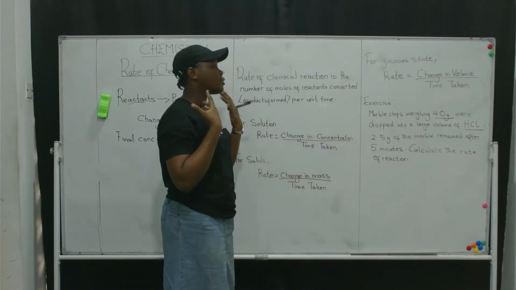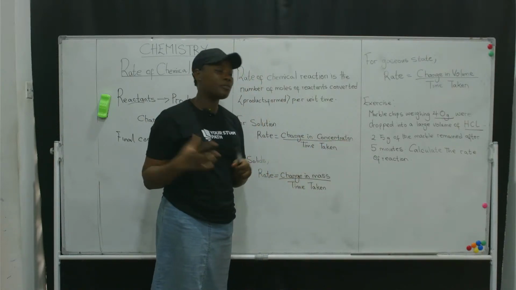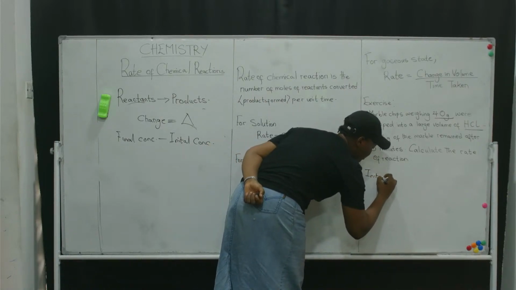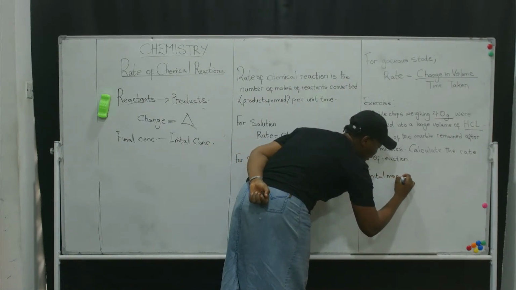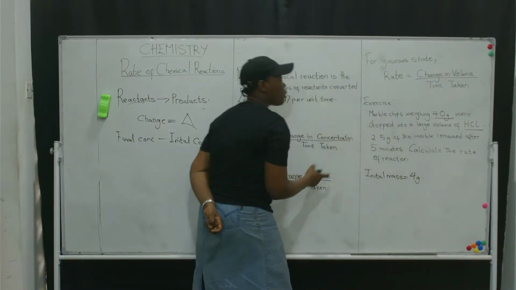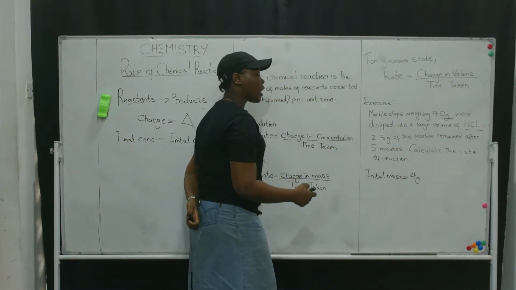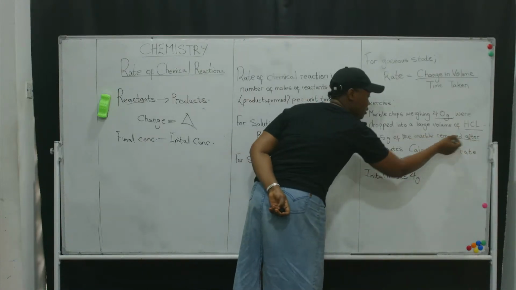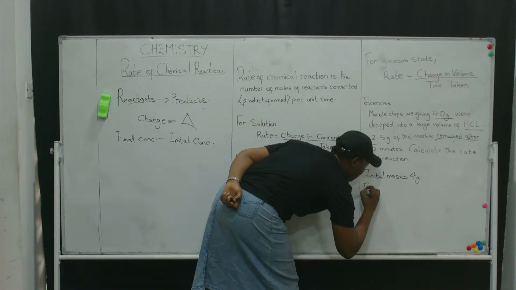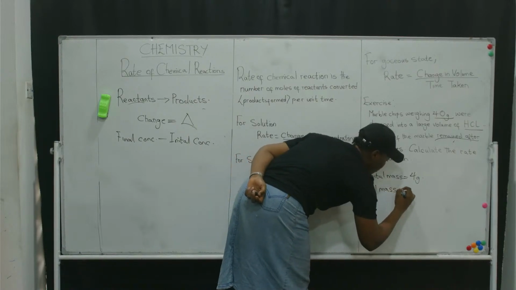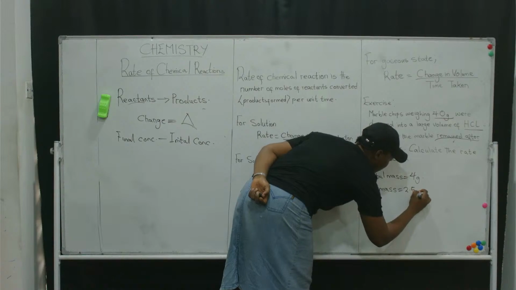From this question, let us draw out the parameters given. First off, we are given initial mass, and our initial mass is 4 gram. We're also given final mass, that's 2.5 gram remained. So the final mass is equal to 2.5 gram.